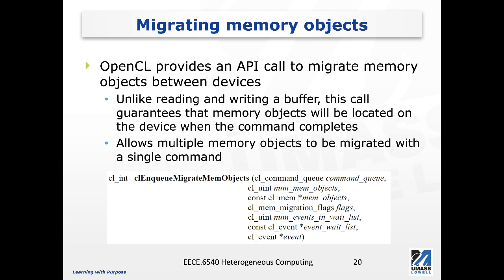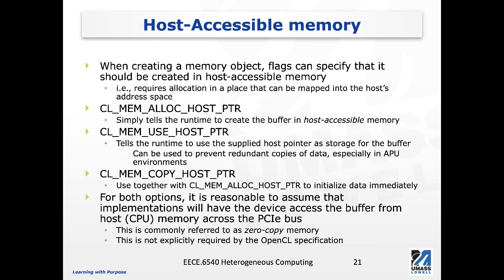This API is called clEnqueueMigrateMemObjects. We're not going to go into the details because in most cases we have one device, so we may not have a lot of need of this in our course.